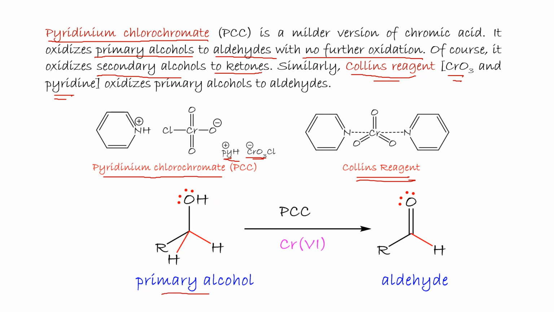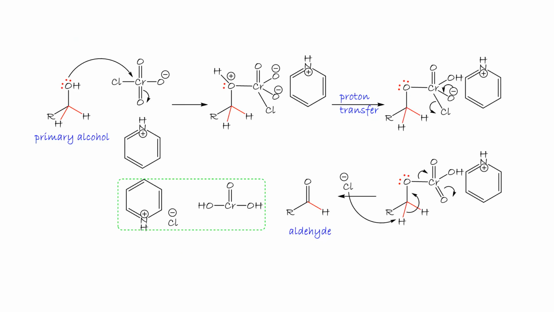So primary alcohol with PCC forms an aldehyde and stops. No further oxidation. Again, the lone pair of OH attacks on the Cr, chrome, cleaving this chromium double bond to single bond, so it will have the O minus. Then proton transfer from here to one of these oxygens.